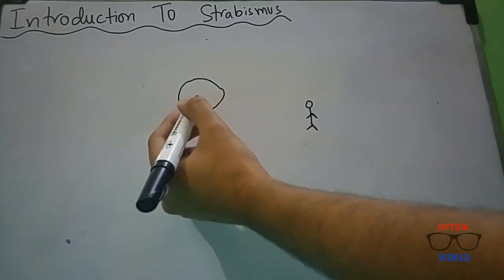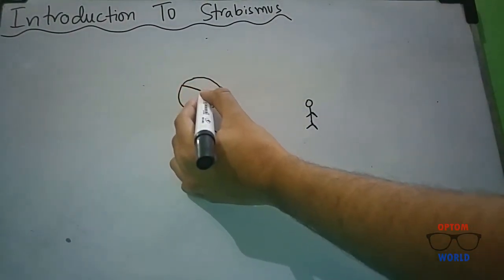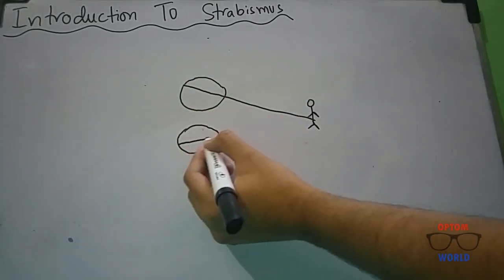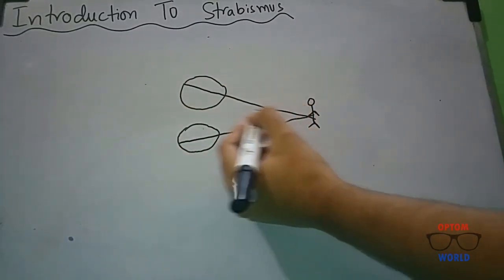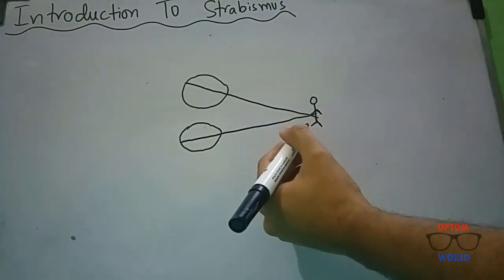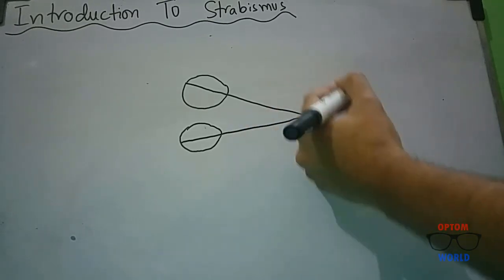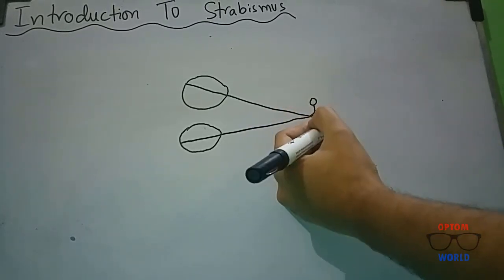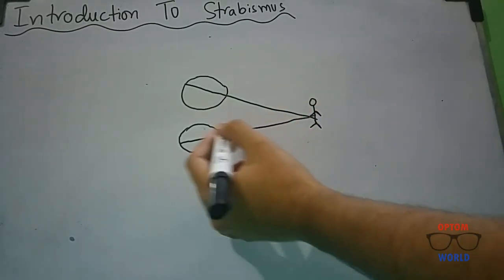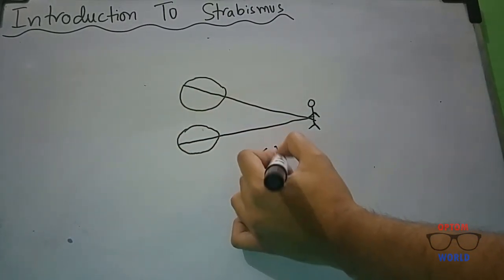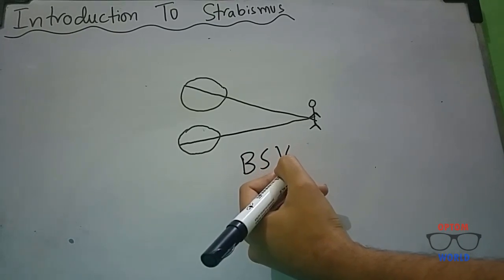Suppose you are looking at an object, then there is a visual axis of one eye, and there is a visual axis of the other eye. So the visual axes of both eyes intersect at a point, or you can say that they intersect at the fixation object, so that a single image is formed, which we call BSV, binocular single vision.